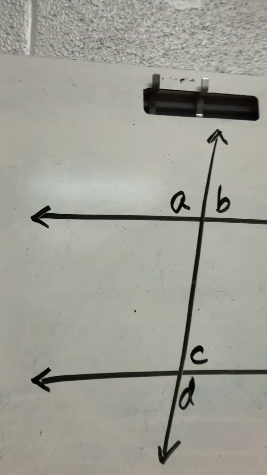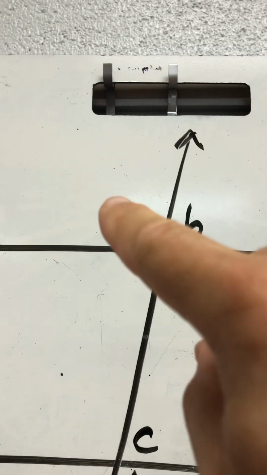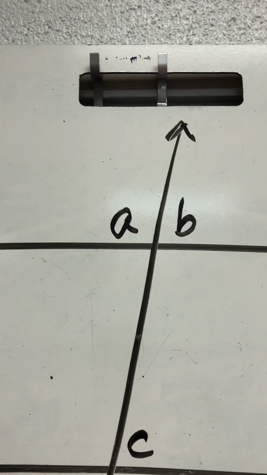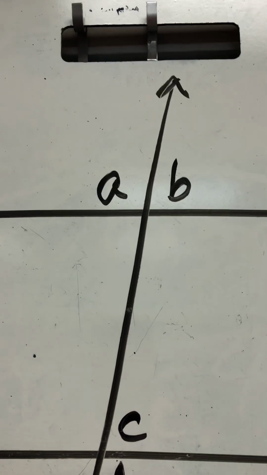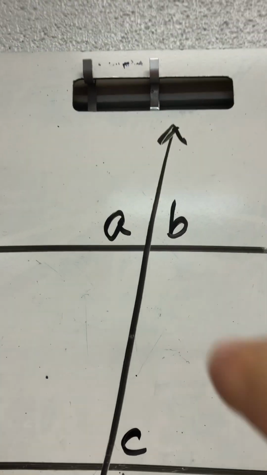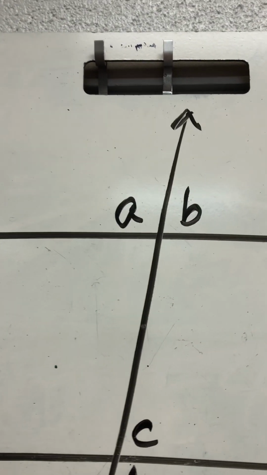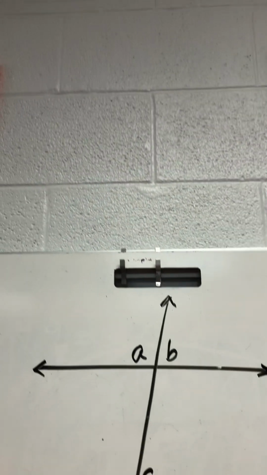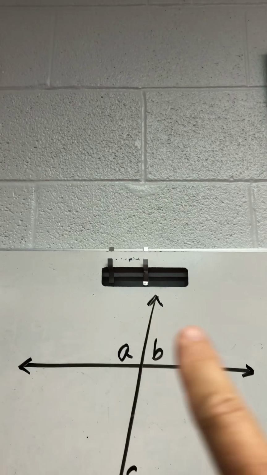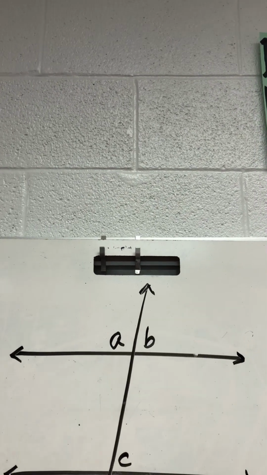Now, angle A and angle B are clearly not equal. Angle A is bigger than 90. Angle B is less than 90. But angle A and angle B also add up to 180. A straight line is 180 degrees. This is a straight line here, right? That's 180.